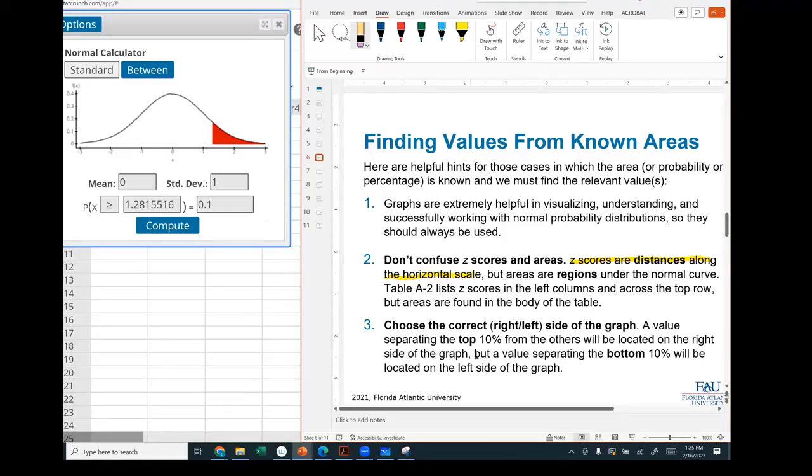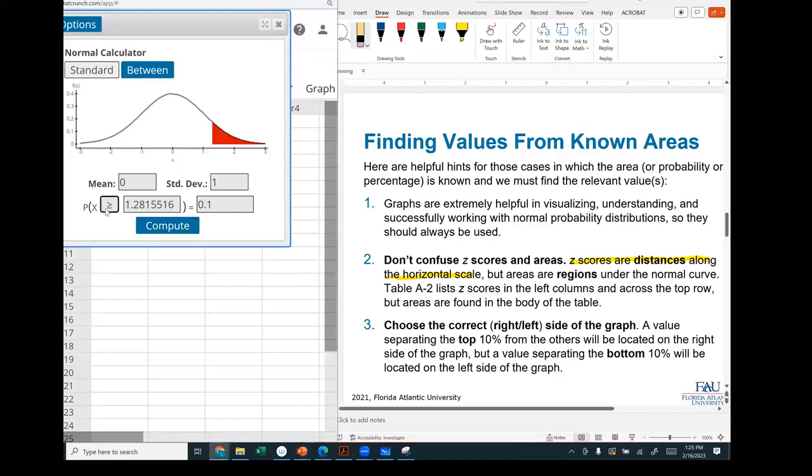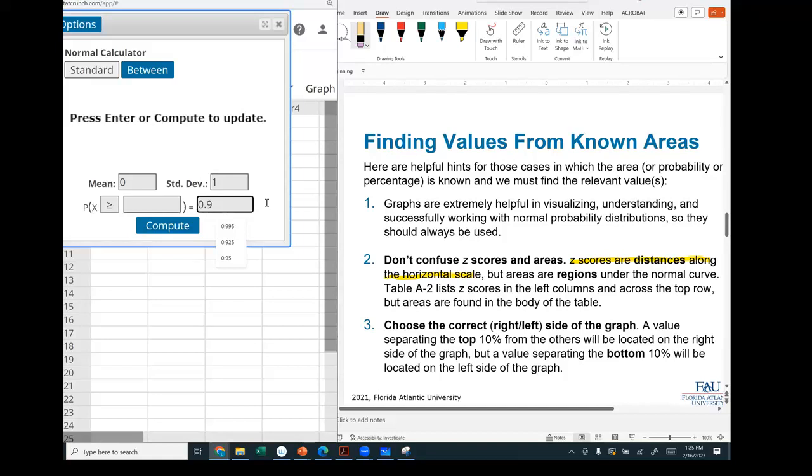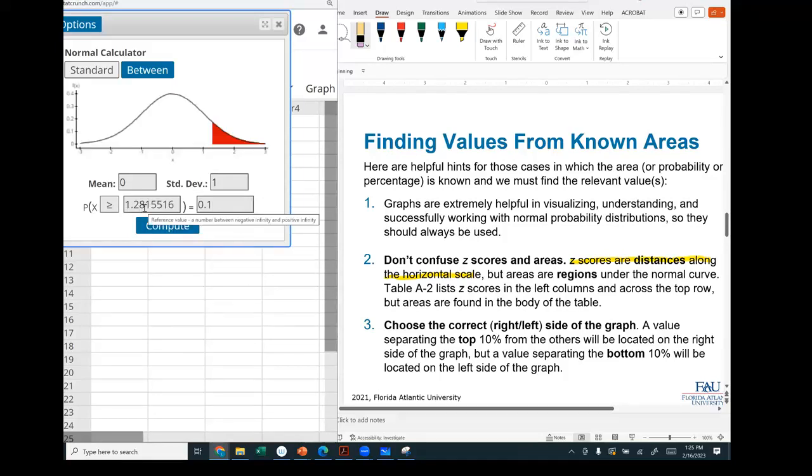It will be located on the right side of the graph. That's what it's saying. But a value separating the bottom 10%. Now I hit less than, and I say the bottom 10%. This is going to be the same number, notice, except it's negative. So at negative 1.28. Positive 1.28.